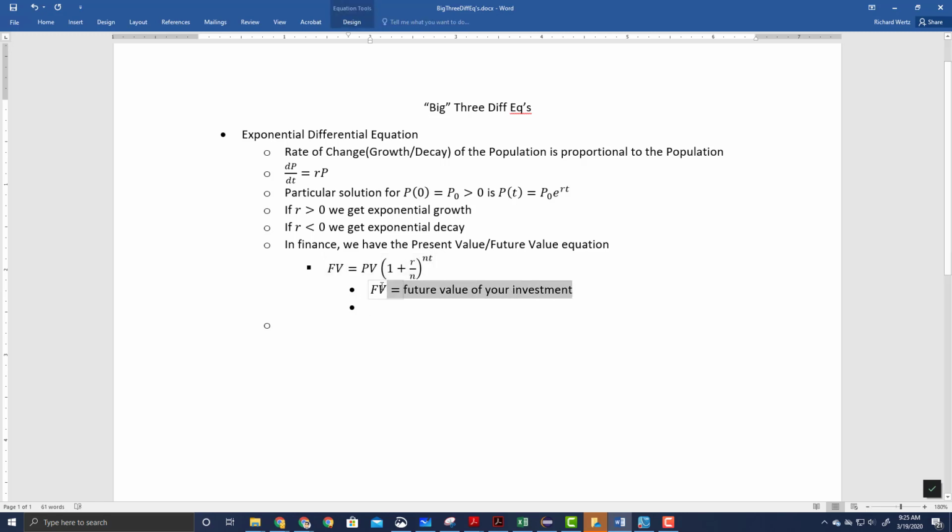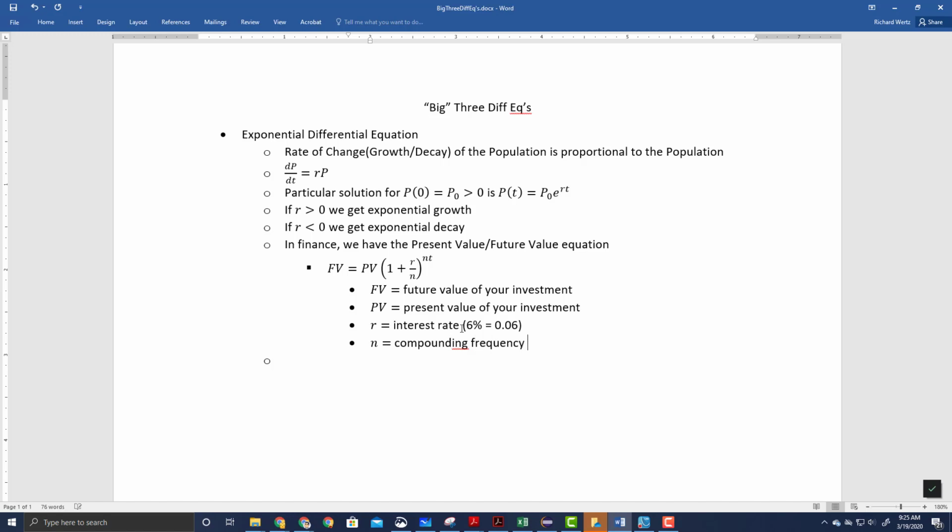PV is the present value of your investment. r is your interest rate, so let's say 6% would be 0.06. n is the compounding frequency.